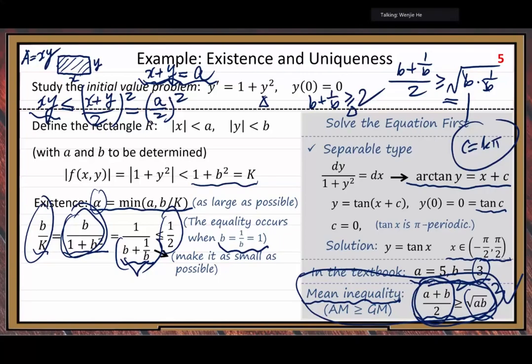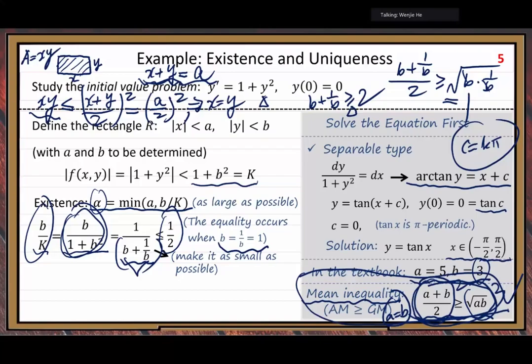And under what situation is the area largest? This inequality takes the equality case where A equals B. The equality holds when X equals Y. That means you make X equal to Y, so it's a square shape.